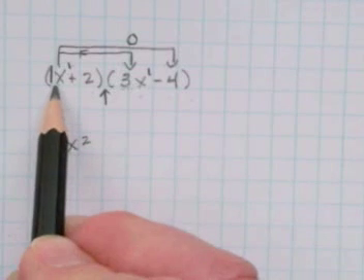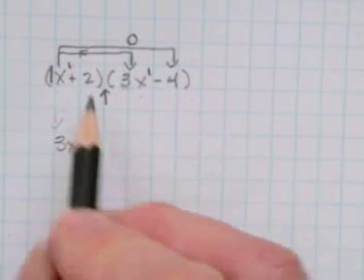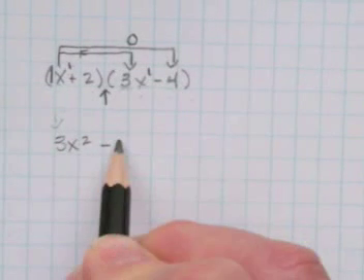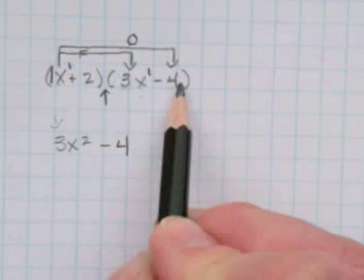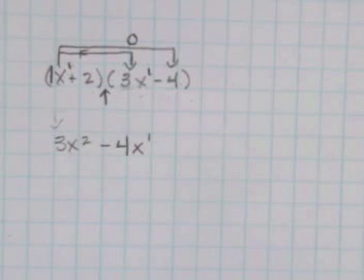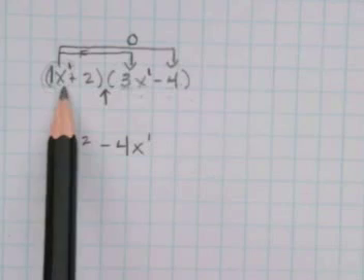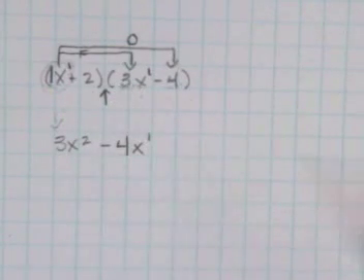Now let's look at the product of my outer two terms. x to the first times negative 4. Let's multiply the coefficients, 1 times negative 4. And then we add the exponents, but there is no x term here, so we just have x to the first power. So using the distributive property, I have distributed my first term to both of these in the parentheses.